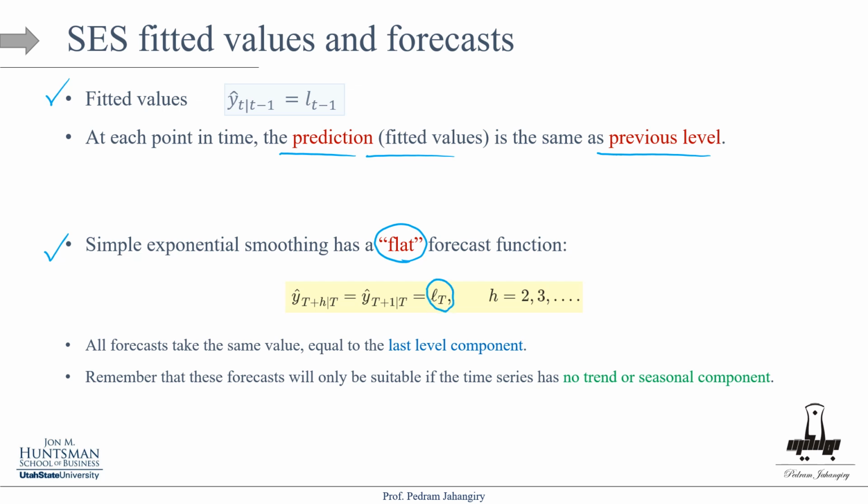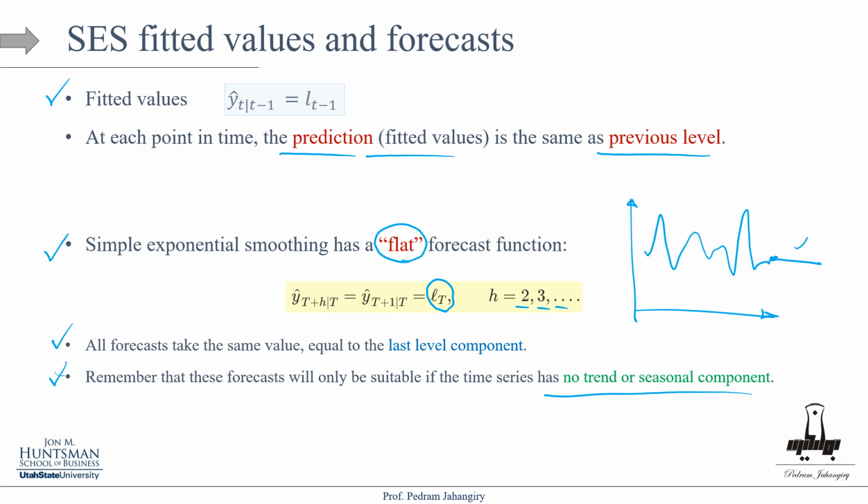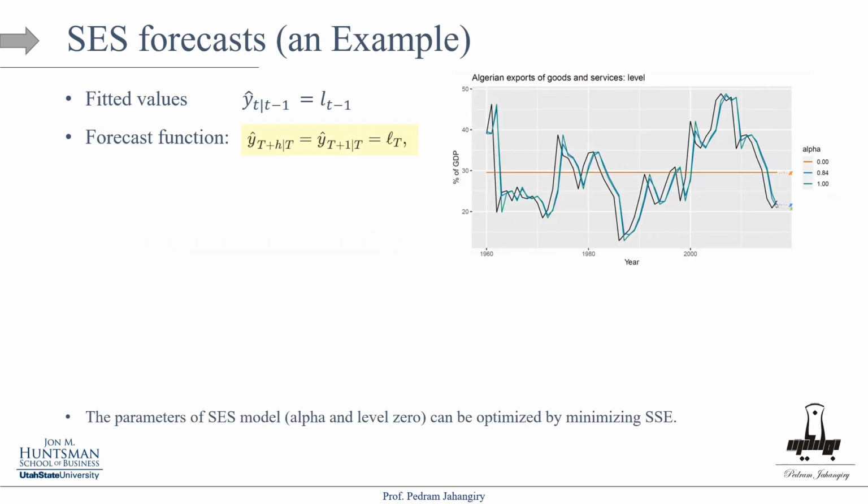If h equals 2, we get the same number. 3, same number. 4, the same number. So all forecasts take the same value, equal to the last level component, L T. And remember, this method only works when your data shows no trend and no seasonal component. I know I'm repeating myself a lot, but as I said, it really doesn't hurt. All right, so let's look at an example.